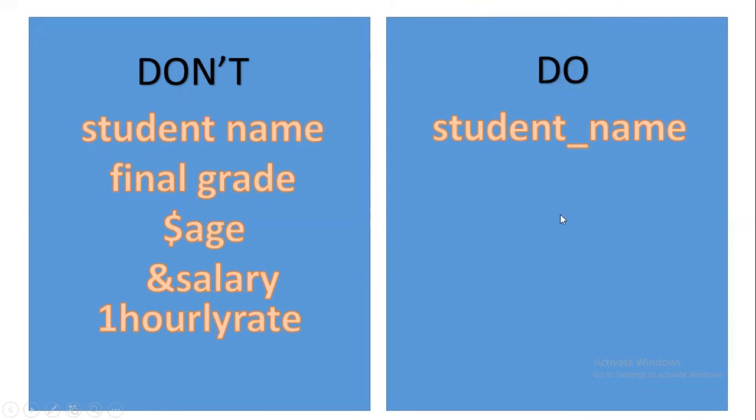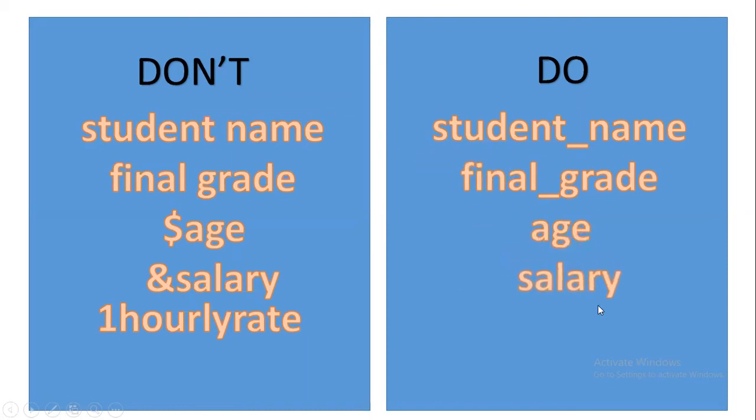Final grade. There's a space again, ma'am. Space also. Age with punctuation. Okay, special character. I'll just remove that. The next one. Special character, ma'am. Okay, special character as well.